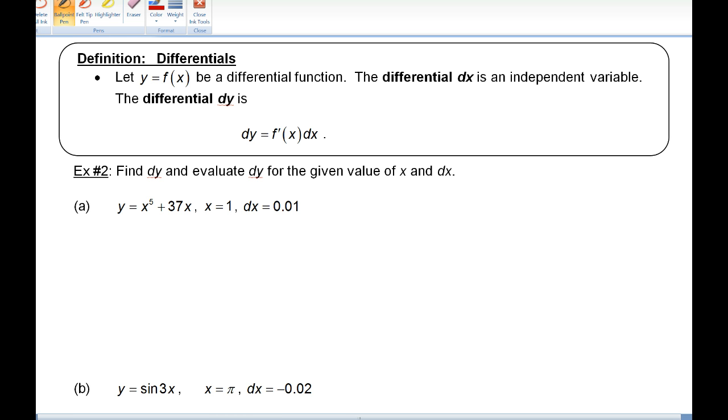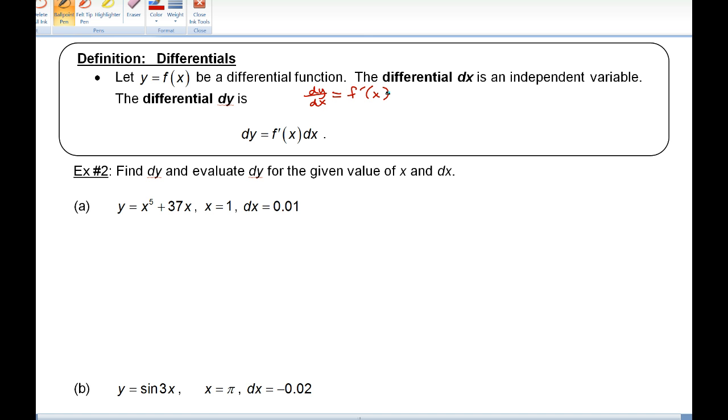All right, so now we're just going to do differentials, and this is why I said it's kind of a portion of integrals, but we're still just doing the derivative. If you have a function y equals f of x, then dy dx is f prime of x.